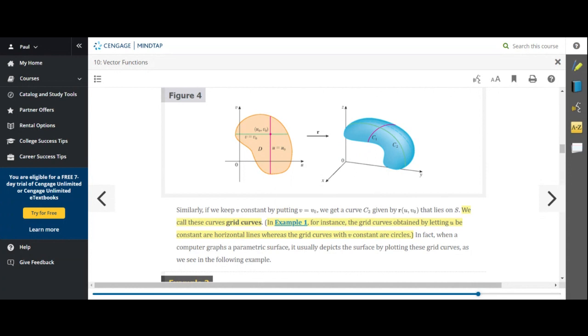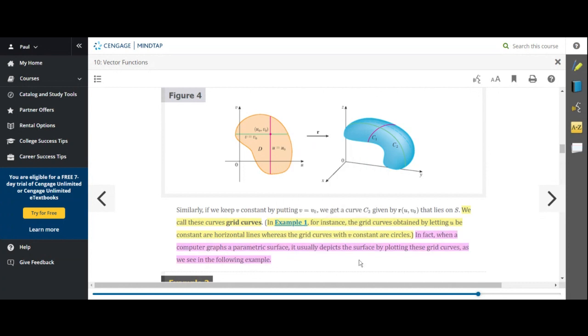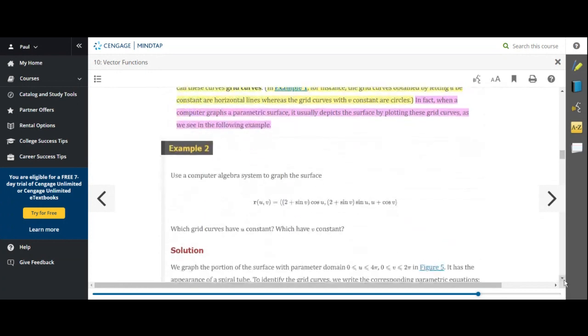All right, now, and this you're going to see shortly, when a computer graphs a parametric surface, it usually depicts the surface by plotting the grid curves, as we see in the following example.